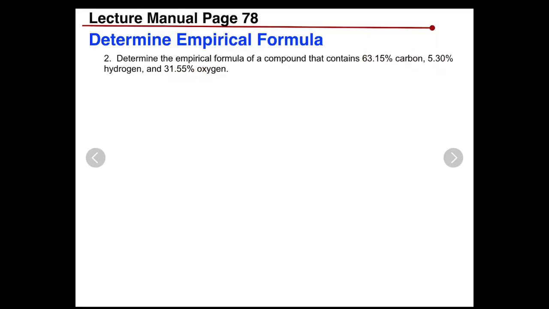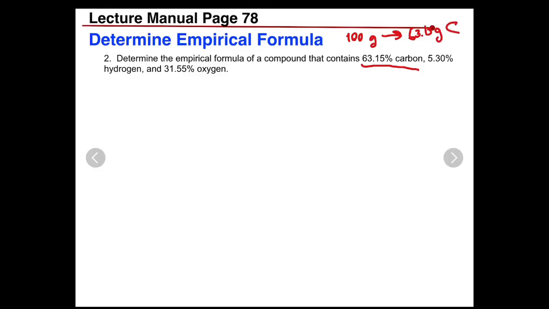The application of the previous lecture can be used further to determine the empirical formula. So these percents are the percent by mass. That means out of 100 grams of the sample or compound, you are going to have only 63.15 grams of carbon.